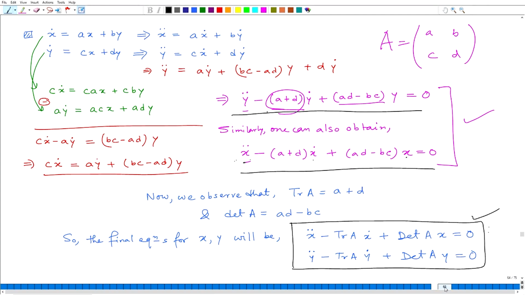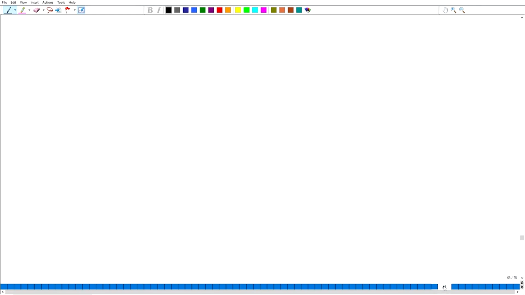Whenever I have such equations with constant coefficients, which is very important, we can have solutions like this: x is equal to some x 0 e to the power lambda t, taken as a trial solution.